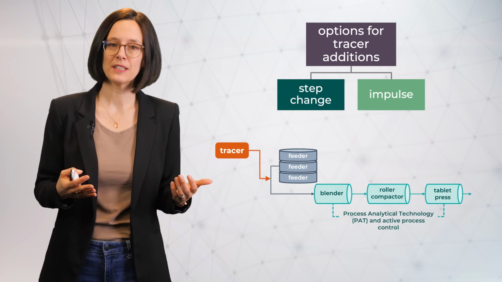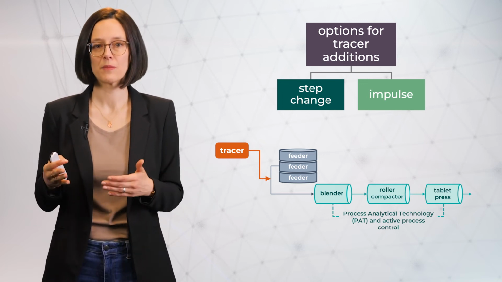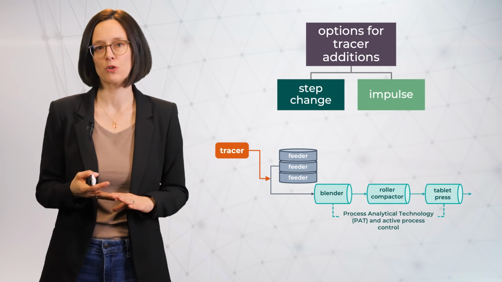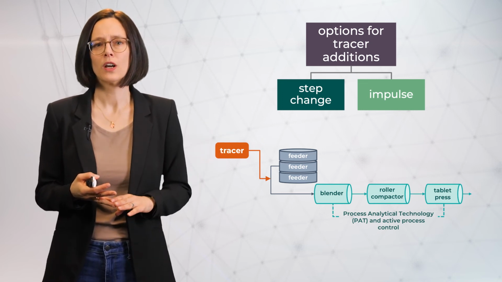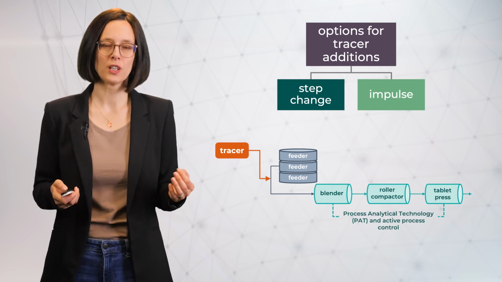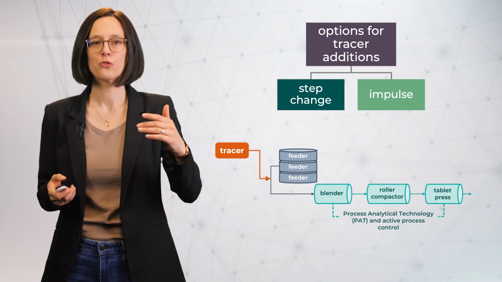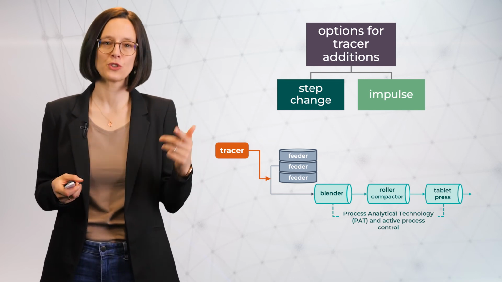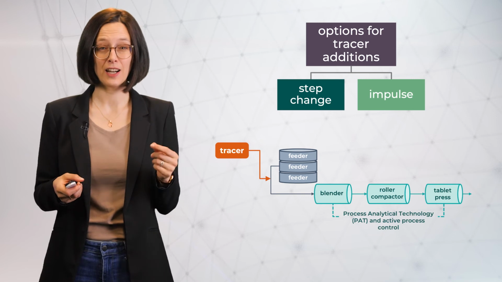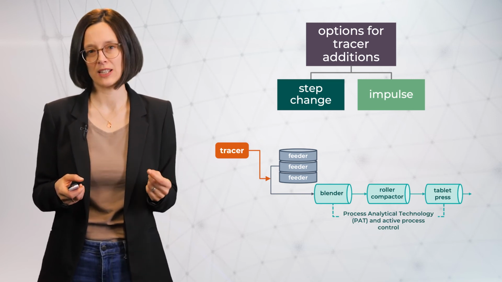Another possibility is to analyze the powder stream online with an NIR, similar to the step change approach that I mentioned before. Usually, this type of detection method is more effort because you have to create a chemometric calibration model for your tracer at different concentrations. And since the NIR probe is often sensitive to the placement position, this can be tricky.